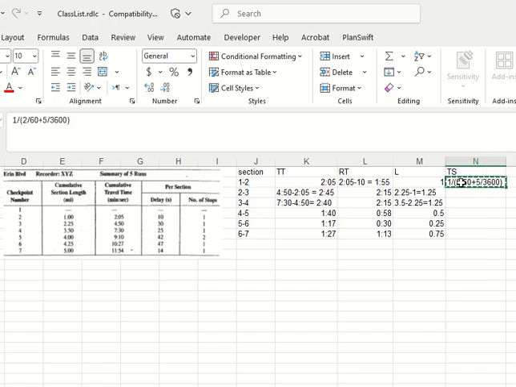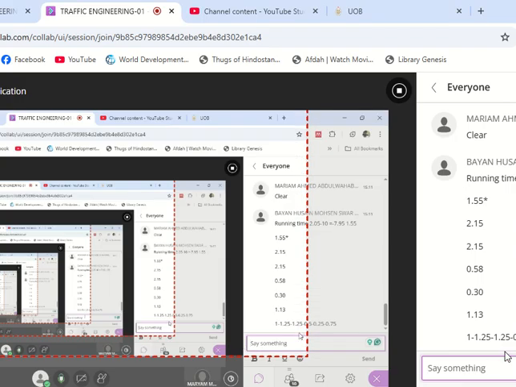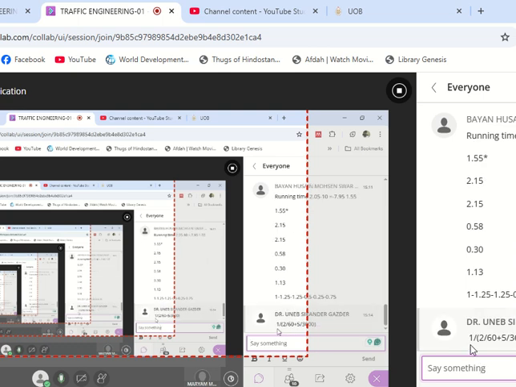So 1 is the section length. We have 2 minutes of time and then 5 seconds of time. So this is for converting it to an hour. Okay, and the same thing will be done for the other sections as well.